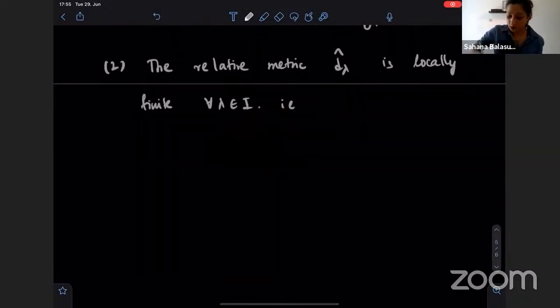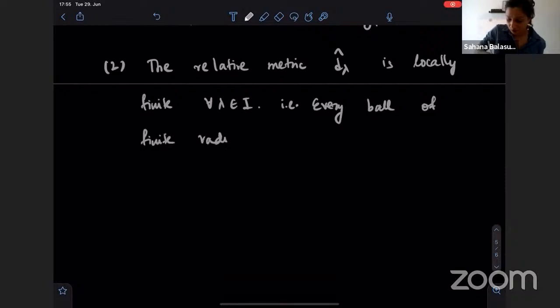And what does this mean? It means that every ball of finite radius in this relative metric has finite cardinality.